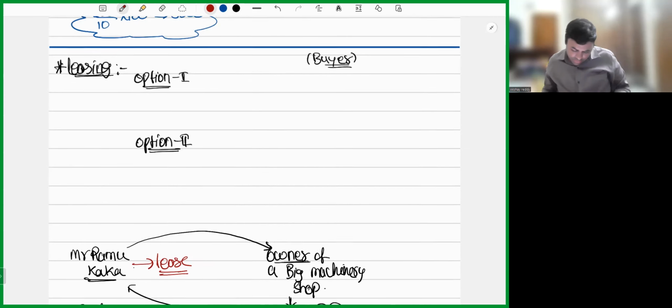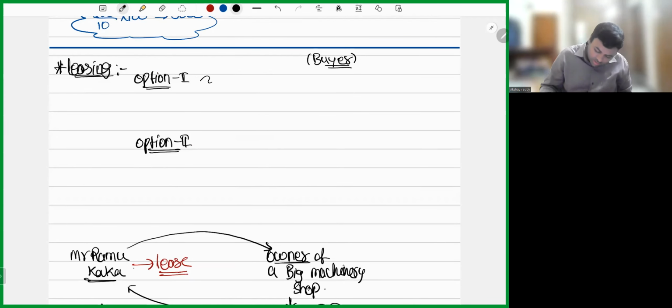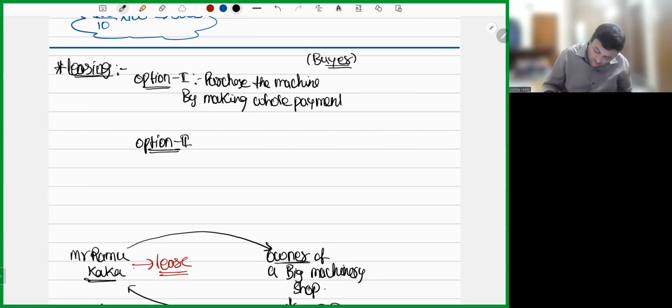So what happens here? Option 1 will be either to purchase the machine by making the whole payment now, or option 2 will be to pay in installments.